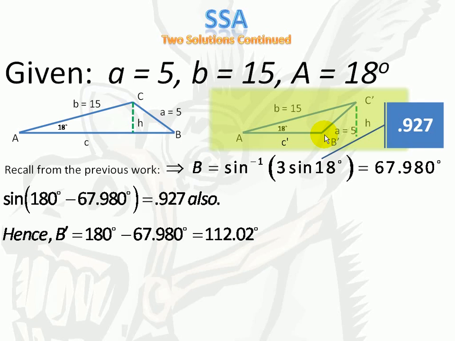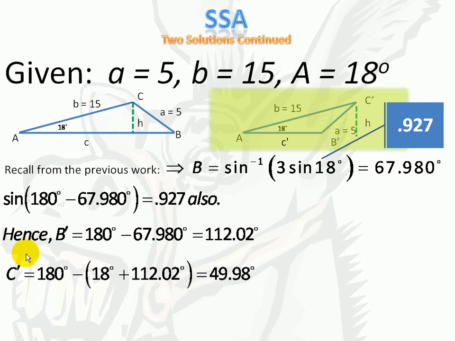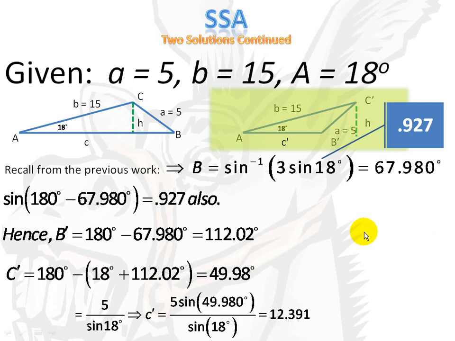Now, so we've got B prime. Now, C prime, we take 180 minus the other two angles that we know, and we get 49.98. Now, I guess the only thing left to find is lowercase c prime. C prime over sine of 49.98 is equal to 5 over sine of 18.